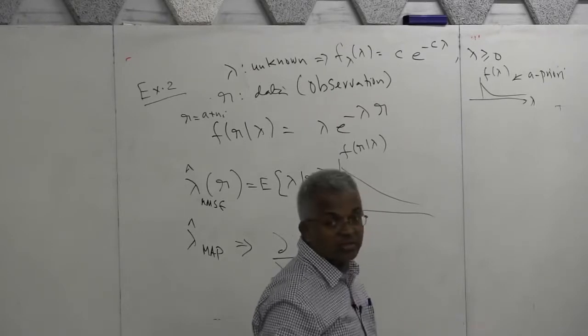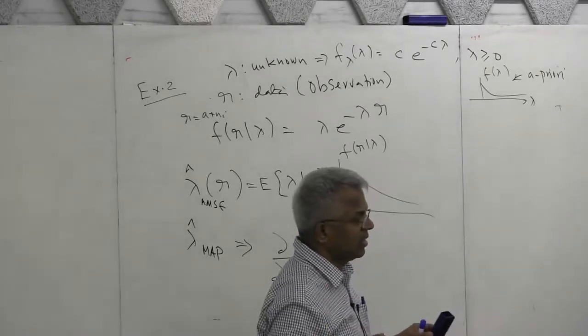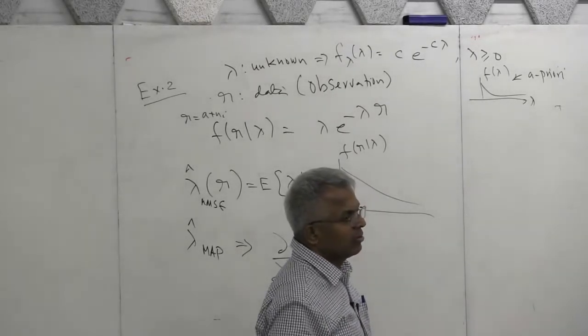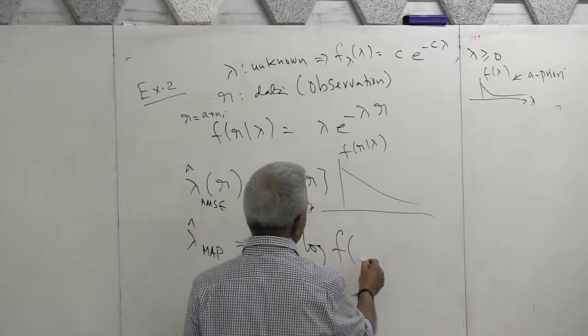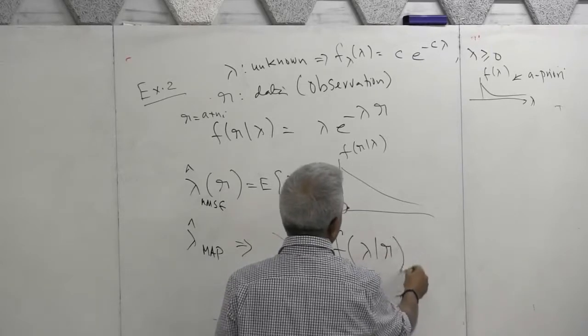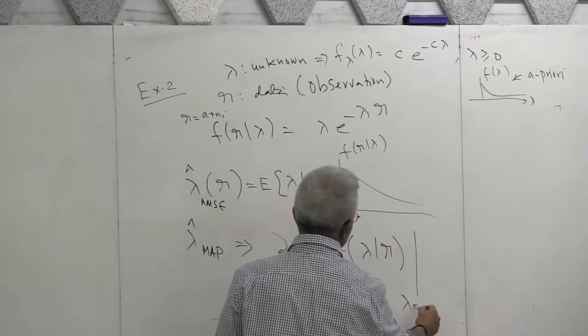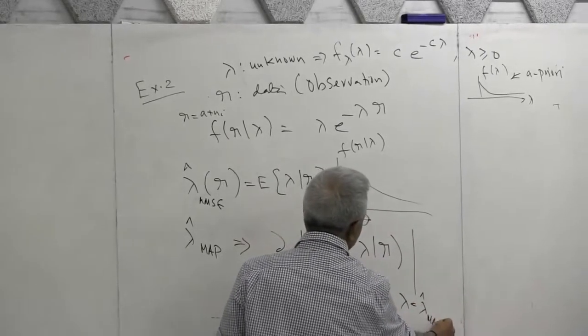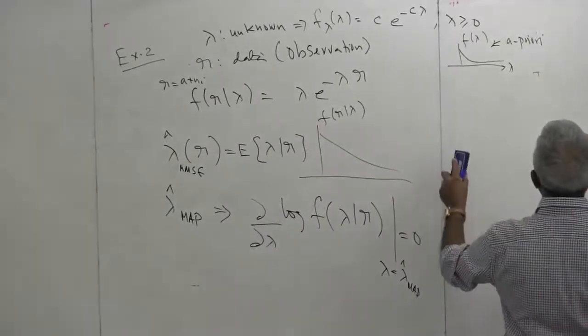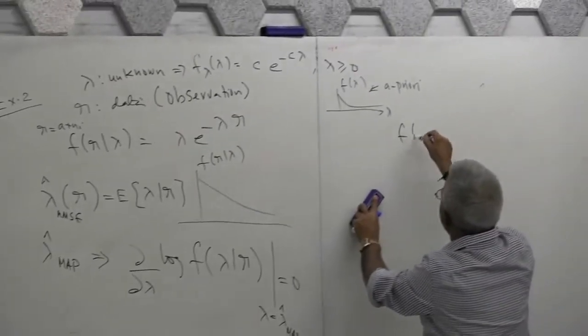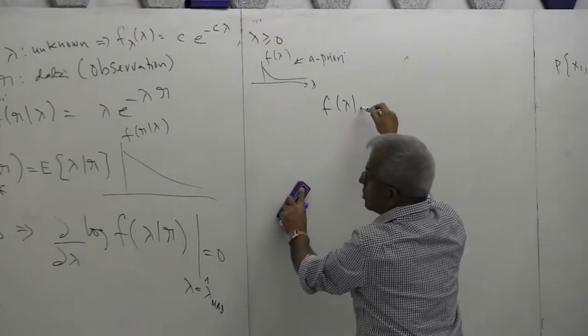Remember, we went through all this. That's the key. So we need to take the density function of that, or if it helps you, take the logarithm of f of lambda given r, and equate this to 0. So whatever it is, we need to find out that density function. So we need f of lambda given r.